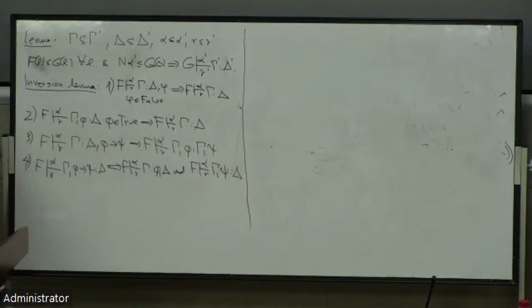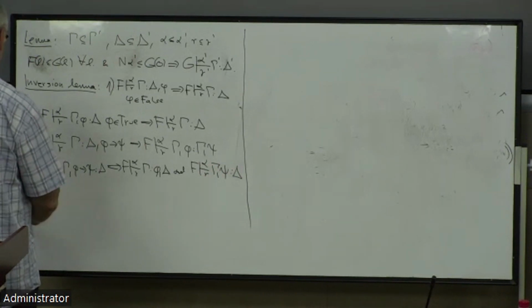Okay, that's fine. And now the crucial point, what is really crucial for cut elimination, is the inversion of the universal quantifier.